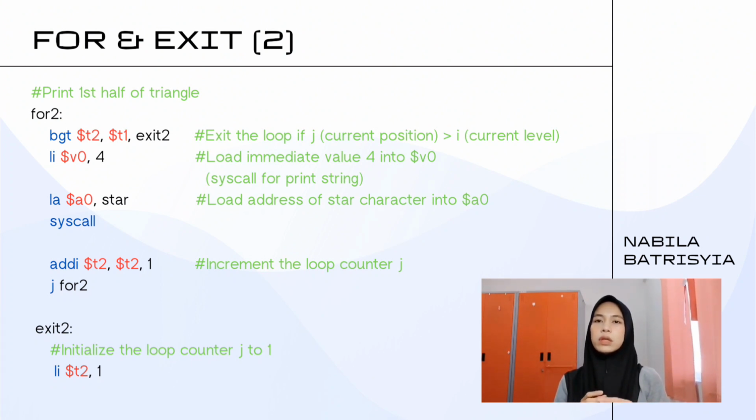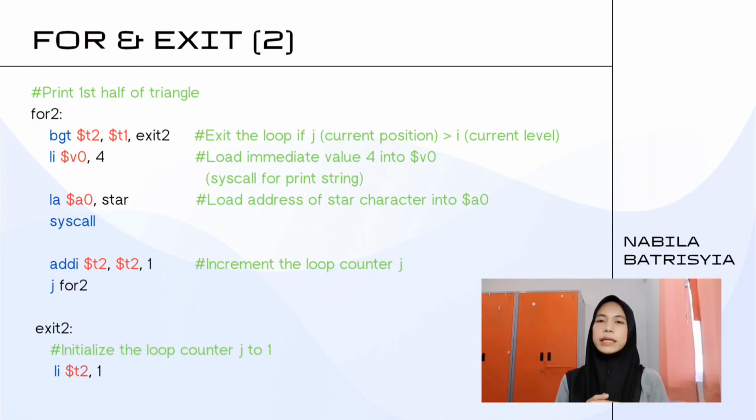For the next line, we use the jump instruction again, which will unconditionally jump back to the beginning of the loop, which is starting from the for 2 and continuing the iteration until the exit condition is met.